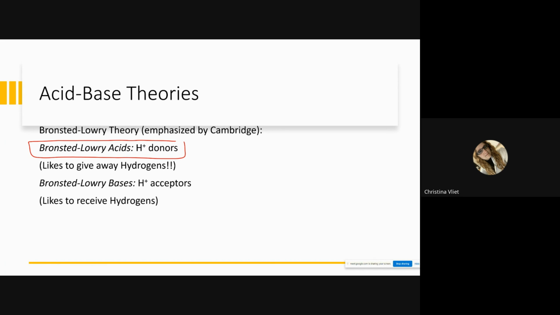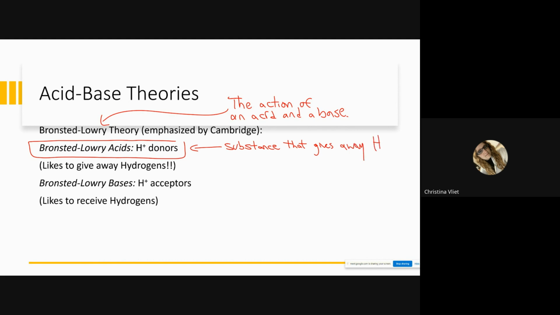So really when we talk about Bronsted-Lowry theory, we're talking about the action of an acid and a base. Meaning, what does an acid do and what does a base do? Like, what is the actual chemical action that's happening? So it's like the verb. So an acid is a substance that gives away H plus.